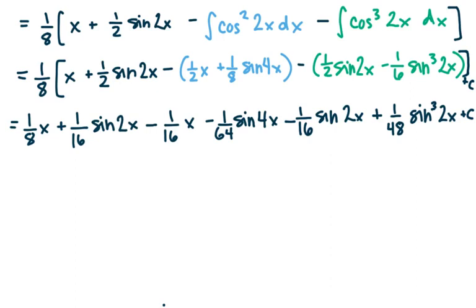All right, so that negative distributed, turned that positive, and of course the 1/8 went in front of all of these coefficients.